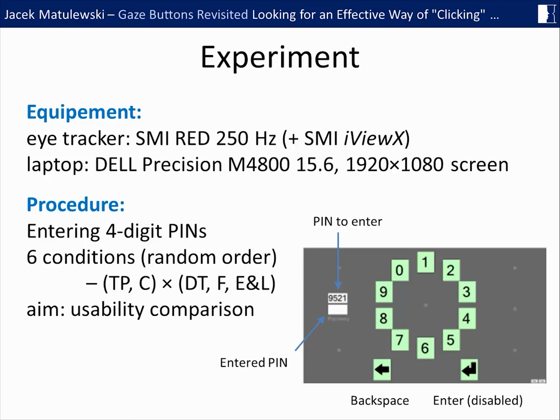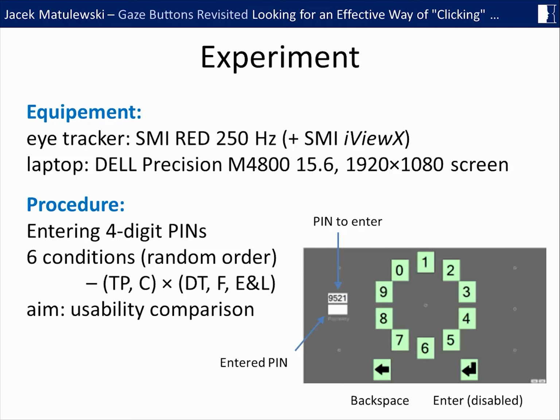During the entire session, each participant was asked to enter 84 pins. The pins to enter were visible on the screen on the left-hand side of the number pad and were also given by a speech synthesizer.